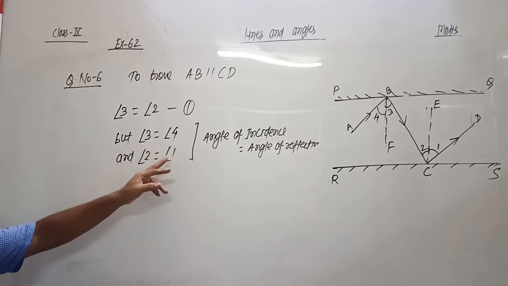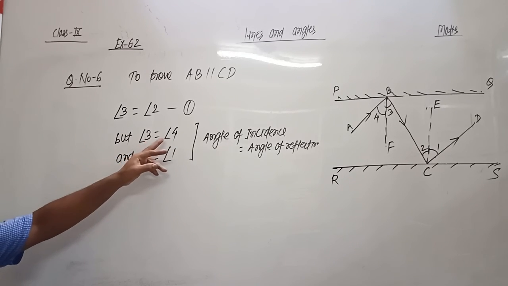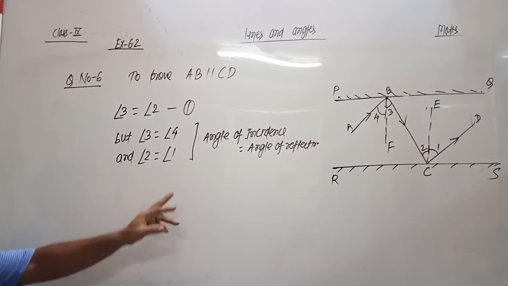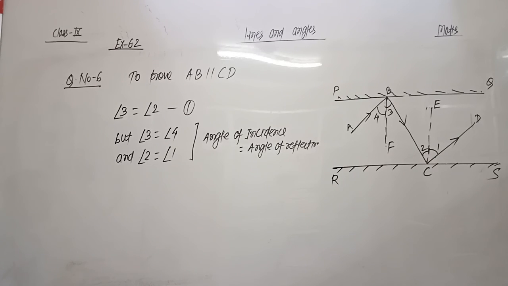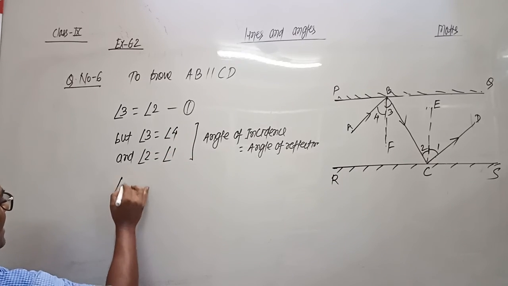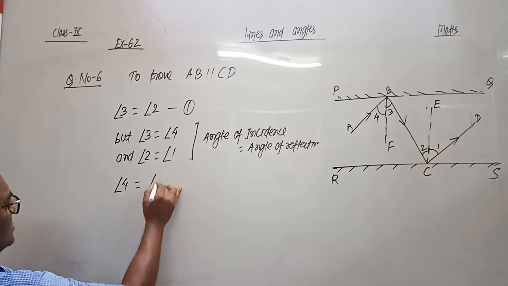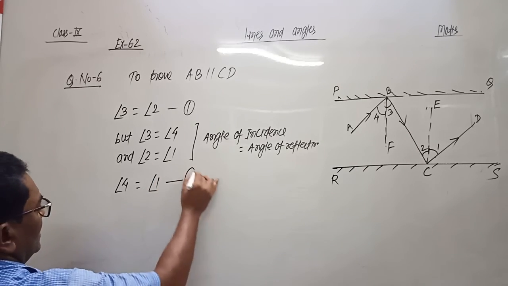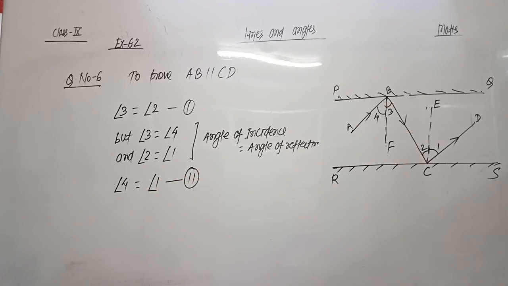So 4 is also equal to 1, because angle 3 equals angle 4 and angle 2 equals angle 1. This is the second equation.